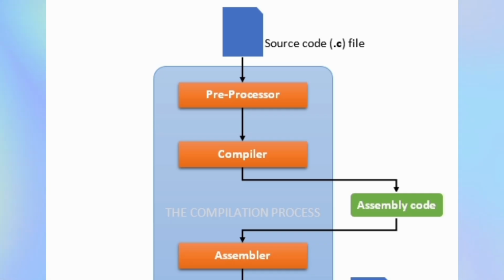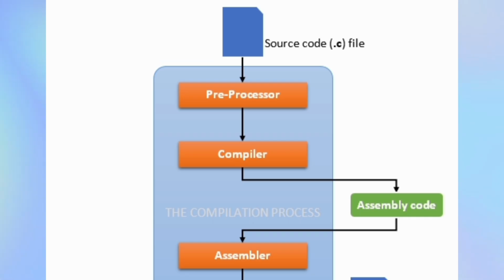It's another way of diagram representation. Source code is converted by the preprocessor directives and sent to the compiler. The compiler converts it to assembler-understandable code, and the assembler translates it to object code.